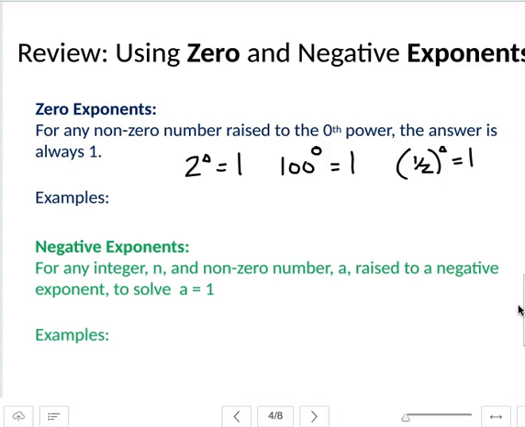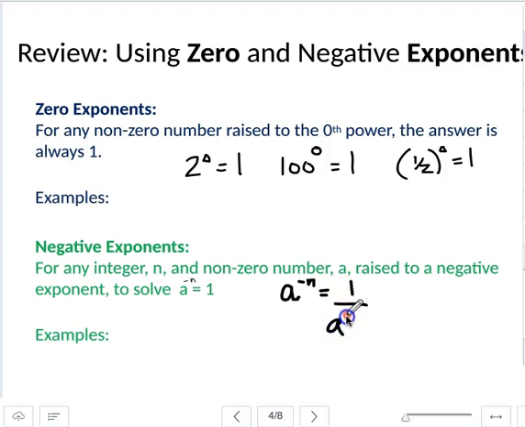All right, so what about negative exponents? Let me finish writing that in there. What this is supposed to say is a to the negative n equals 1 over a to the n.